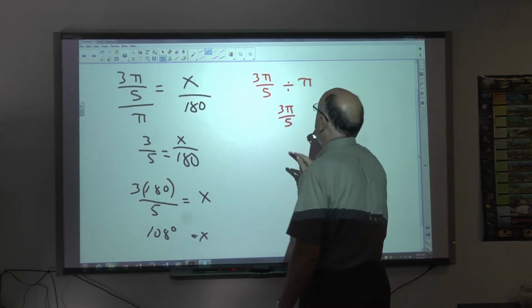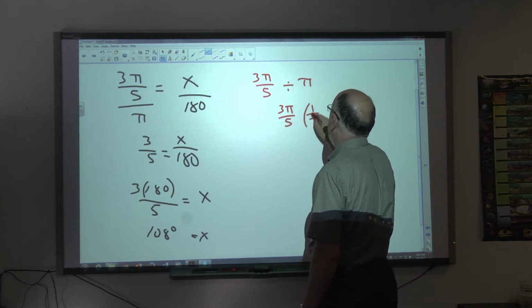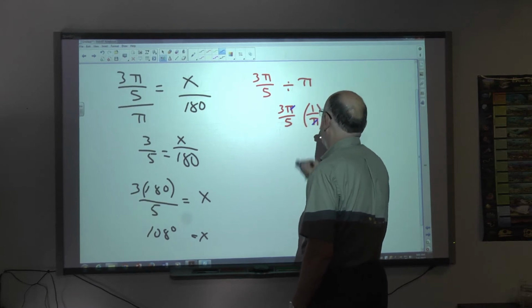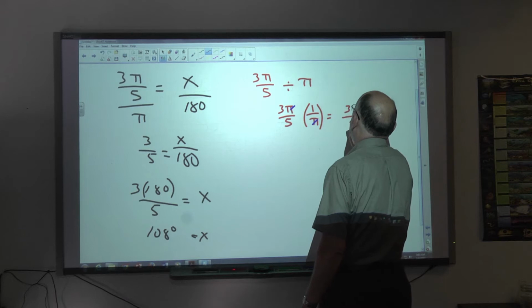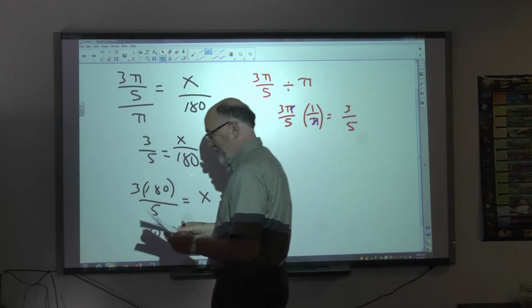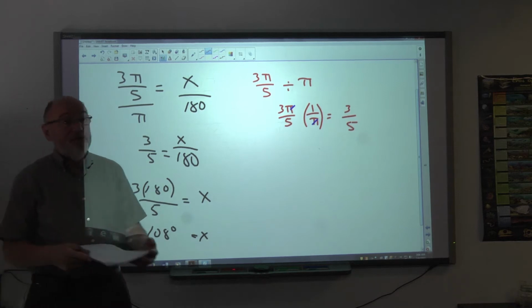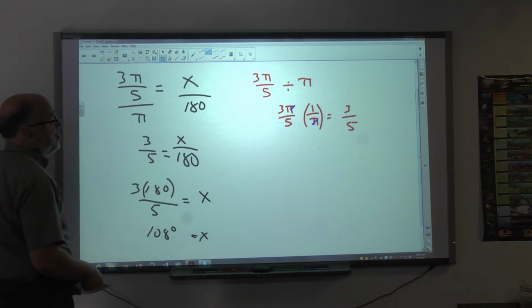So this would be the same thing as pi over 1, and so this becomes 1 over pi. And then when I do that, the pi's will go away. And we do indeed end up with just 3/5. Right? So you should be able to convert back and forth between radians and degrees.